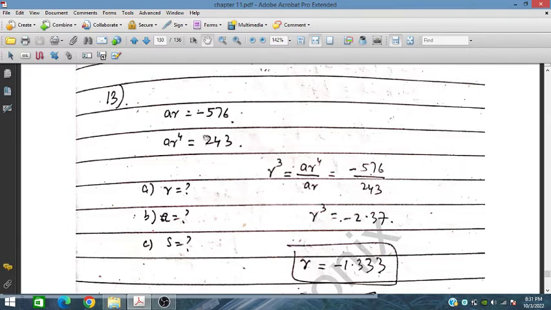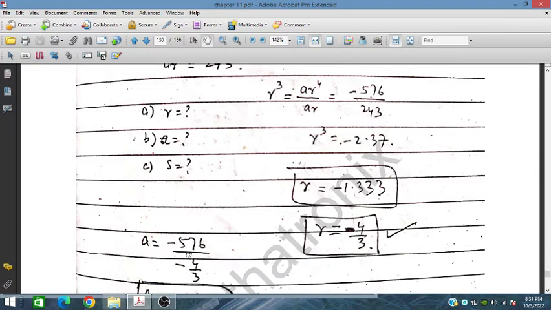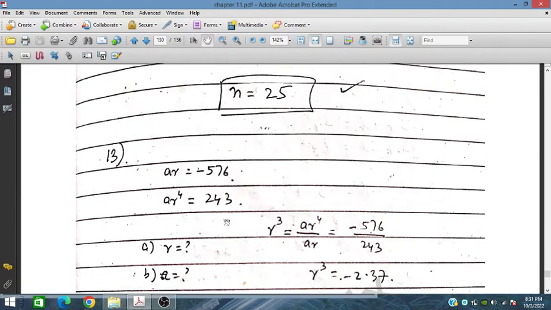So this is the fifth term. By using these two we can obtain r cubed, r power 3, as this. From this we can take out and we get this r value as 1.33, which is equal to minus 4 upon 3. So we'll use this 4 upon 3.